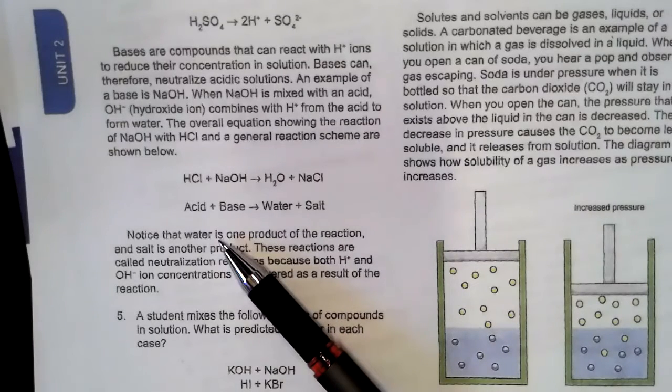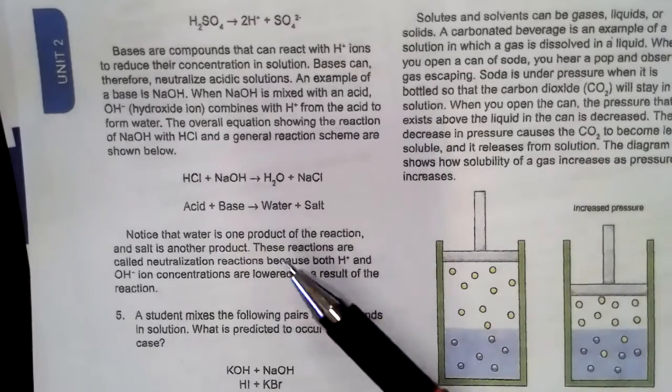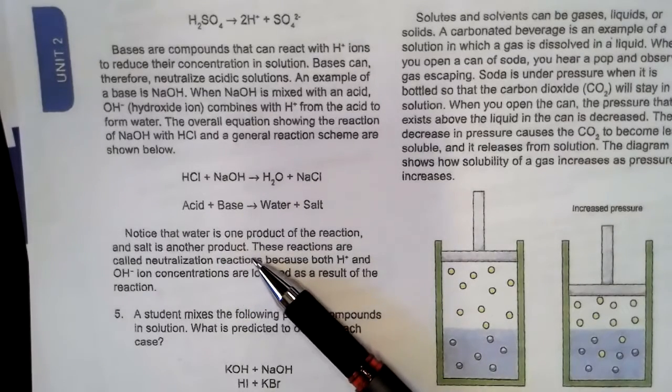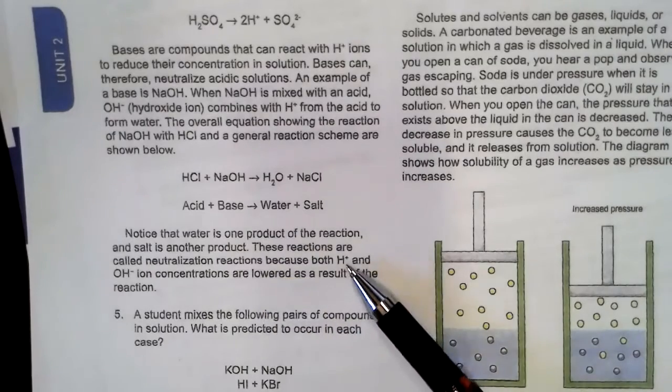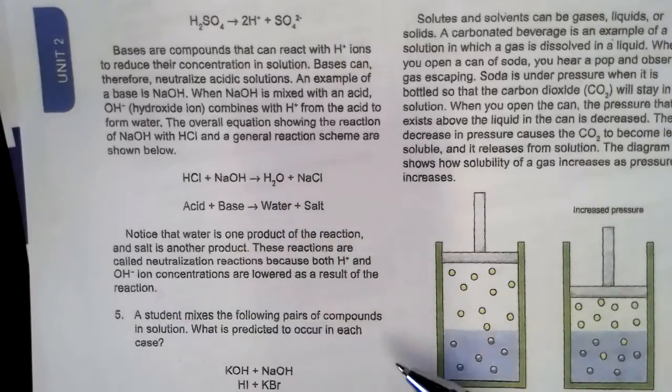It's a lot of acid. But if you mixed it with water and sugar and made lemonade, it's delicious and it doesn't burn. So you have neutralized the lemon by adding water and sugar. All right, here, notice that the water is one product of the reaction and salt is another. These reactions are called neutralization reactions because both H and OH are lowered as a result.